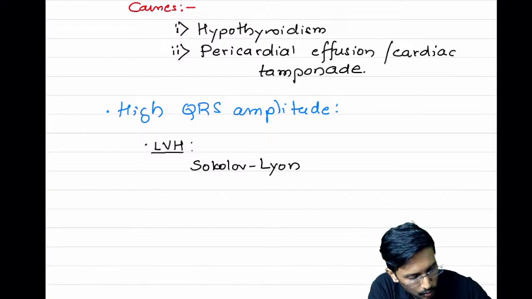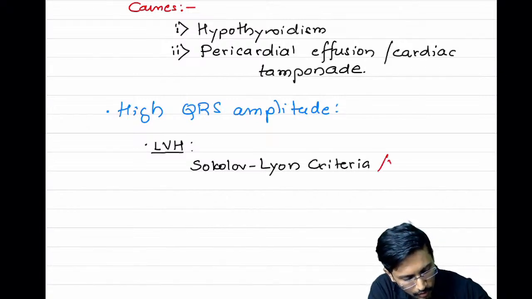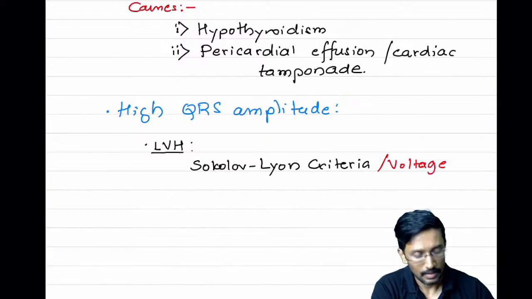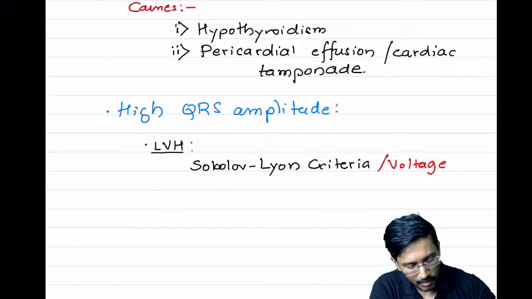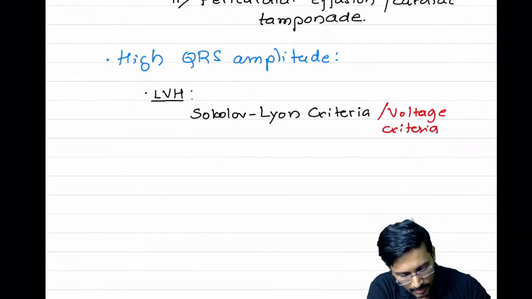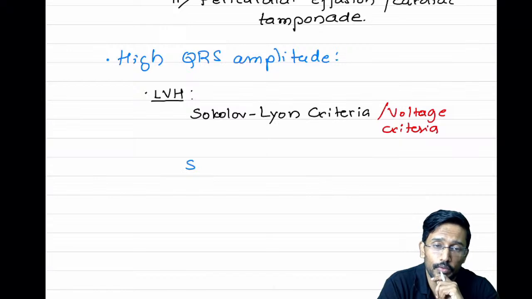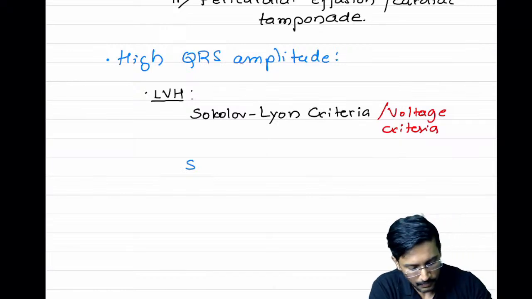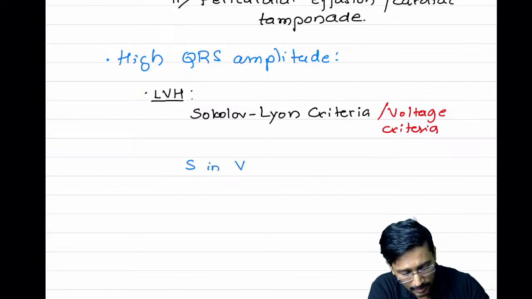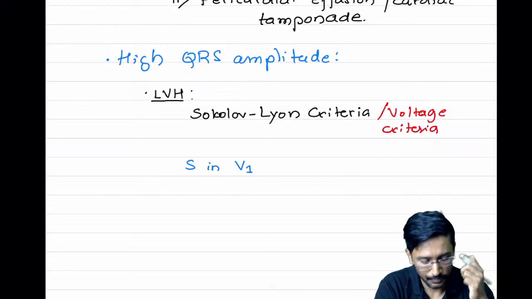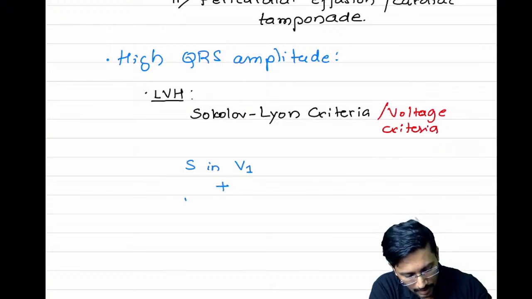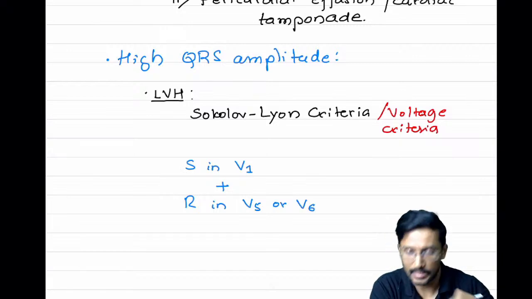So keeping that in mind, we have a formula for recognition of LVH, which is called the Sokolov-Lyon criteria. It is one of the voltage criteria, because for recognition of LVH we are relying on the voltages of QRS complexes. According to this criteria, the most prominent wave in V1 is usually S. So we calculate the S in V1, plus the R in V5 or V6.